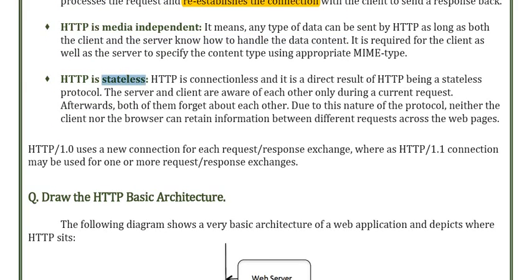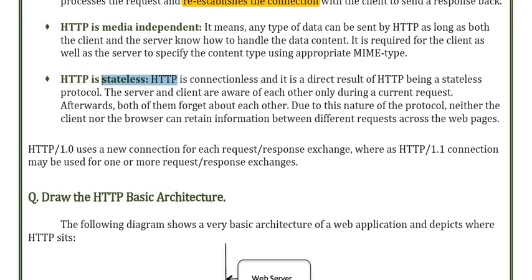HTTP is stateless. That means HTTP is connectionless, and it is a direct result of HTTP being a stateless protocol. The server and clients are aware of each other only during the current request. Afterward, both of them forget about each other.